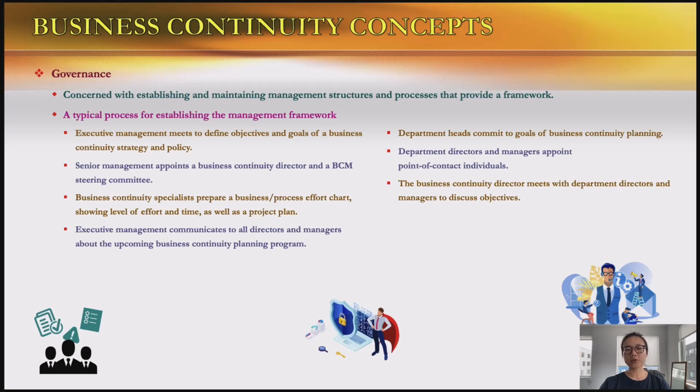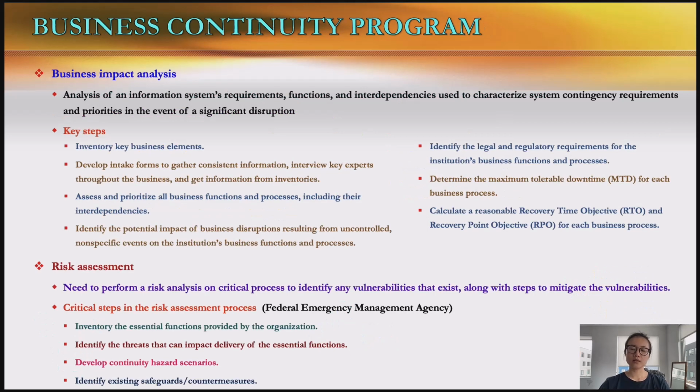A typical process for establishing business continuity governance includes the following tasks, here listed on the slide. Systems requirements, functions, and interdependencies are used to characterize systems continuity requirements and priorities in the event of a significant disruption.